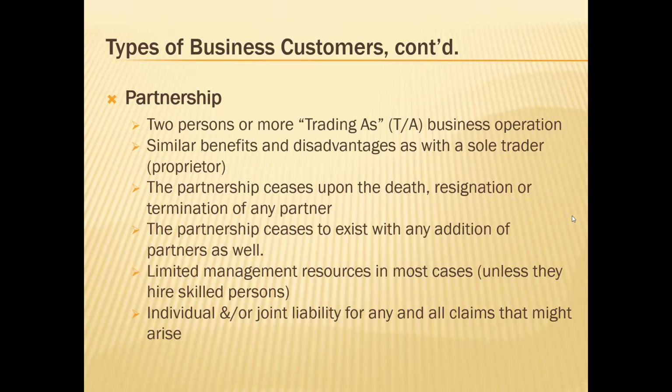Okay. Where it says individual and or joint liability, you may hear the phrase severally or jointly liable. That's what it means. So they can come after you individually, meaning severed, apart, or jointly.